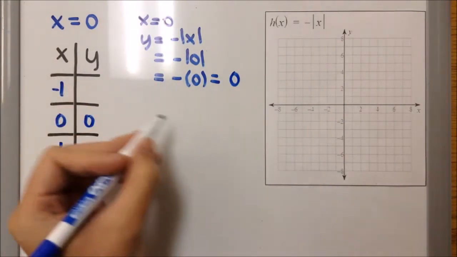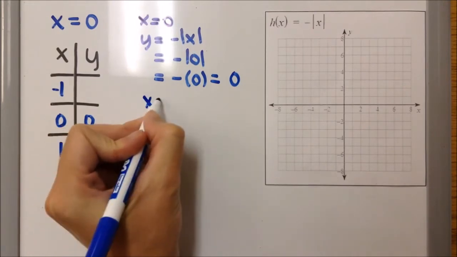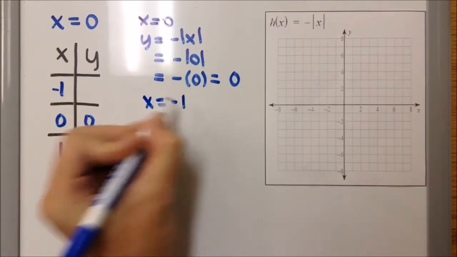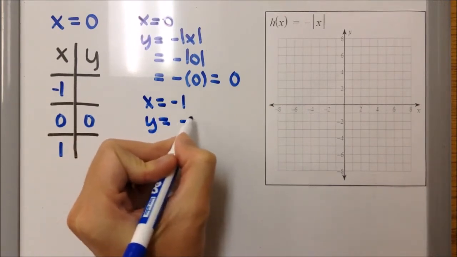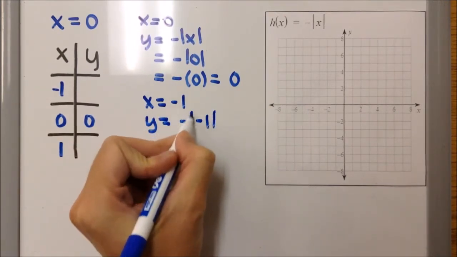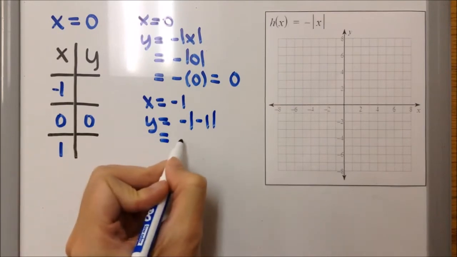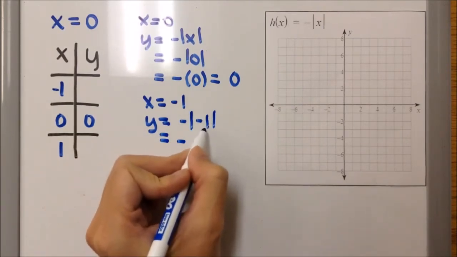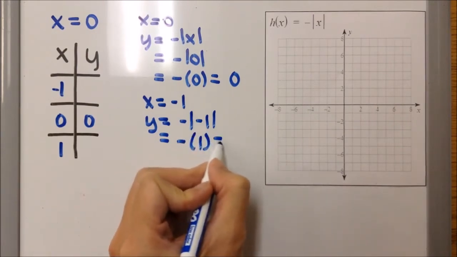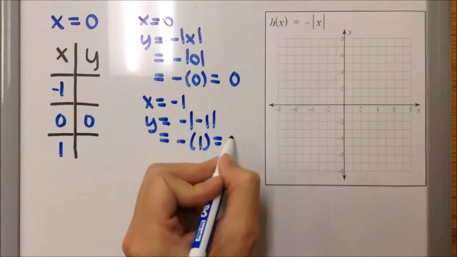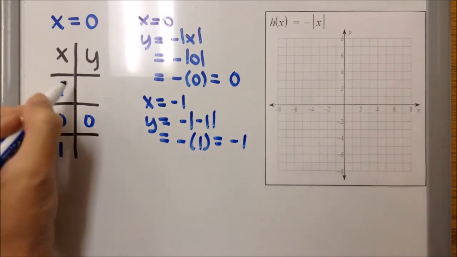Now let's do x equals negative 1. So we're going to plug in negative 1 into x. And again, the absolute value of negative 1 is just 1, and now it has parentheses. Then we're going to distribute the negative to that 1, so it makes negative 1.